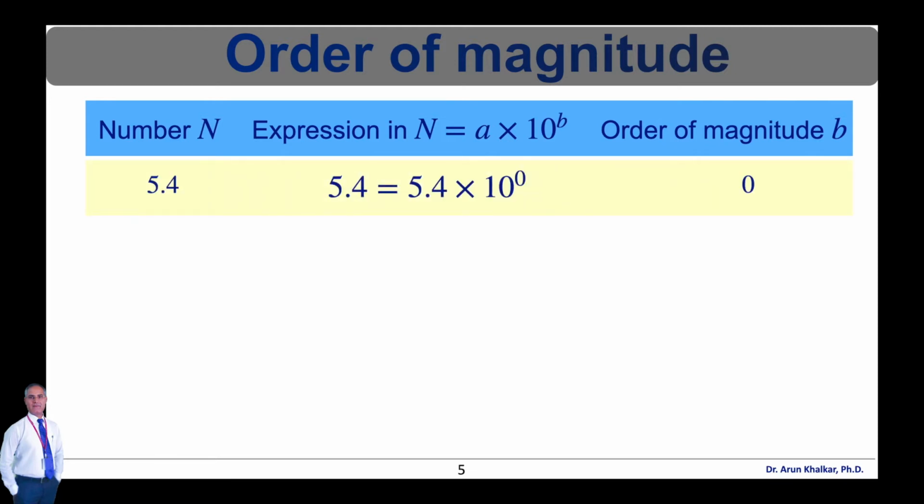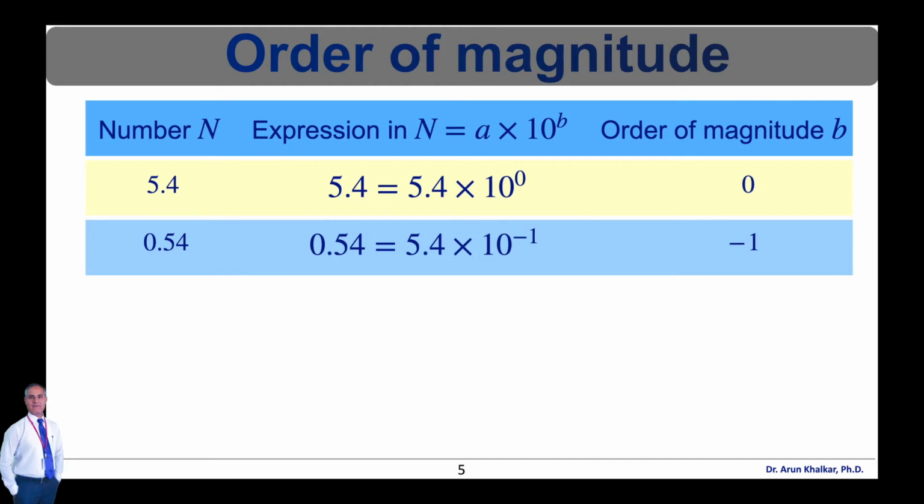For the number 5.4, we can write 5.4 = 5.4 × 10^0, so the order of magnitude here is 0. Next is 0.54, which is 5.4 × 10^-1, so the order of magnitude is -1.